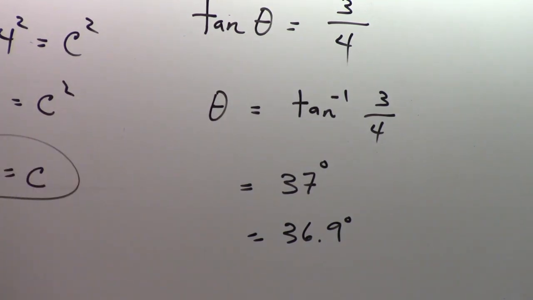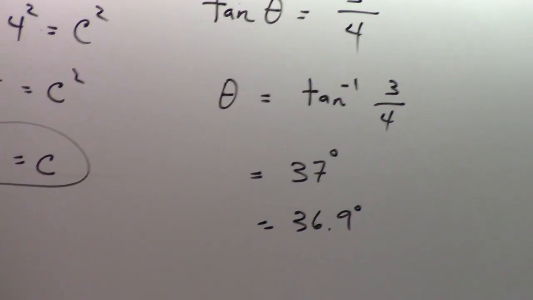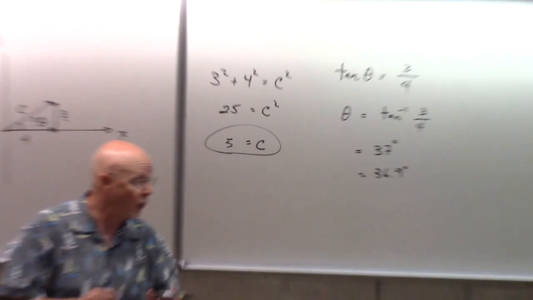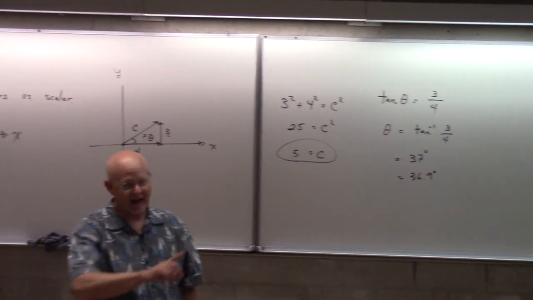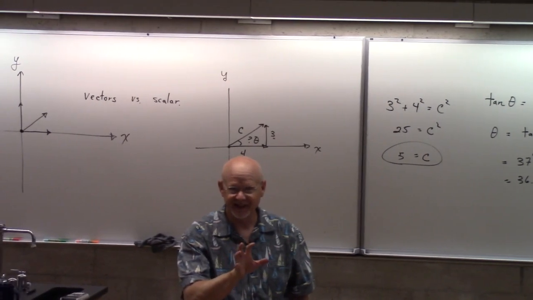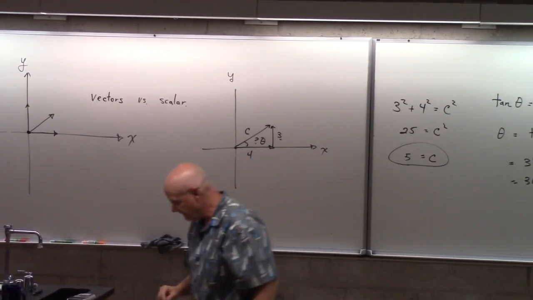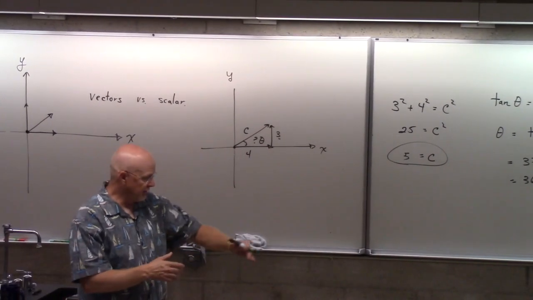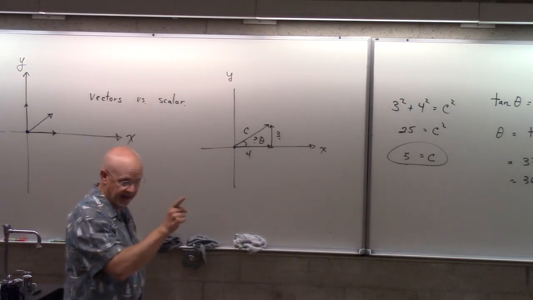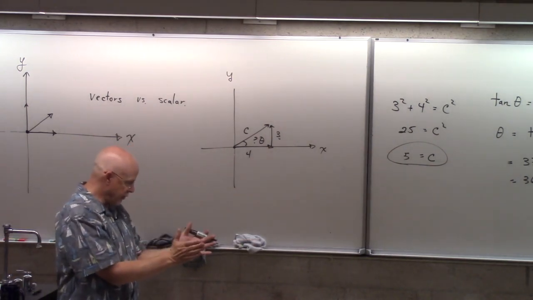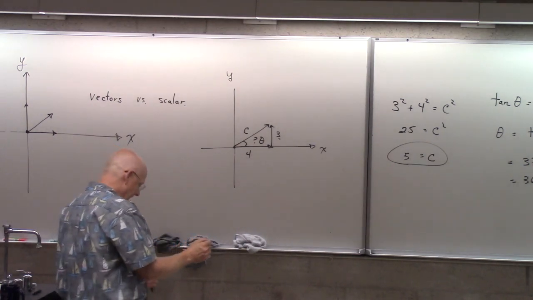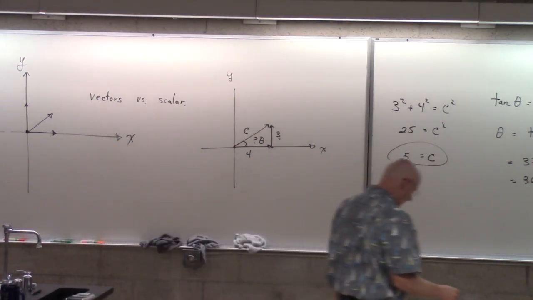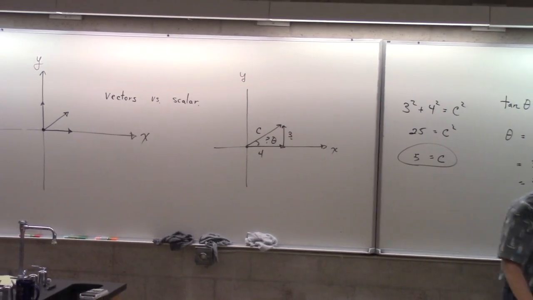All right, so here is the reverse. What if I had changed this? What if I said, instead of doing 2 little hikes, I'm going to do 1 hike. I'm going to turn 37 degrees and take 5 steps and only do 1 hike.